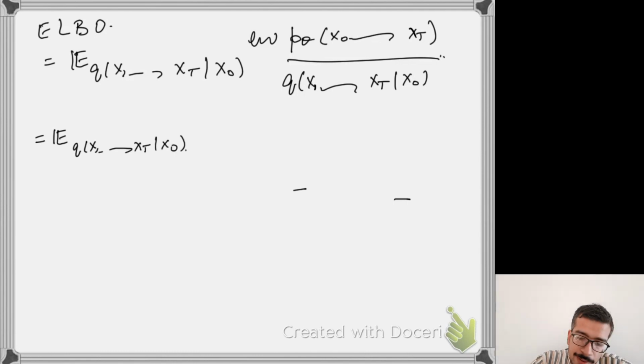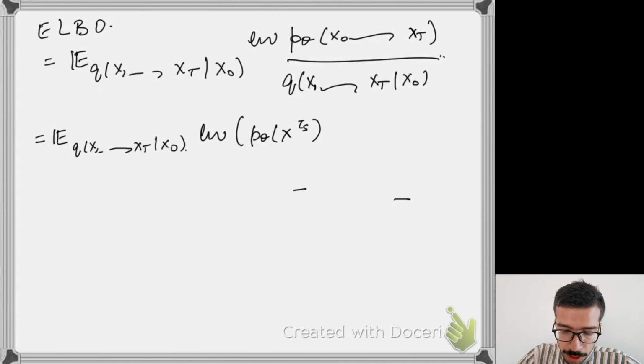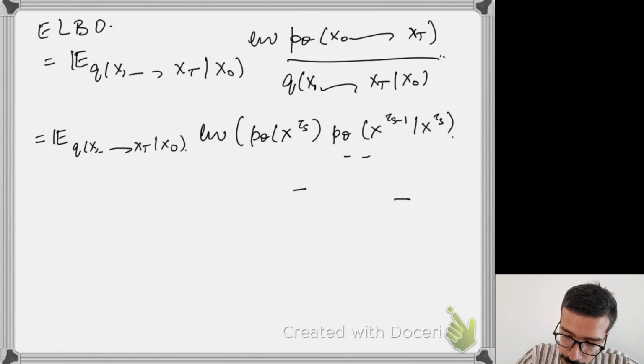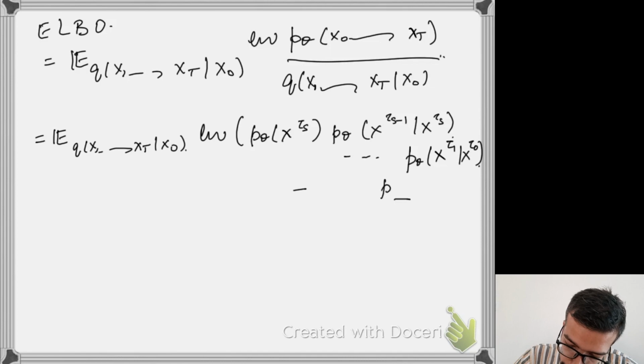Okay, and now I split these terms. Essentially here I have p theta of x tau s, which is nothing but x_T, which is standard normal, and then the product, so basically p theta of x tau s minus 1 given x tau s, and so on until p theta of x tau 1 given x tau naught, and then p theta of x naught given x tau naught.